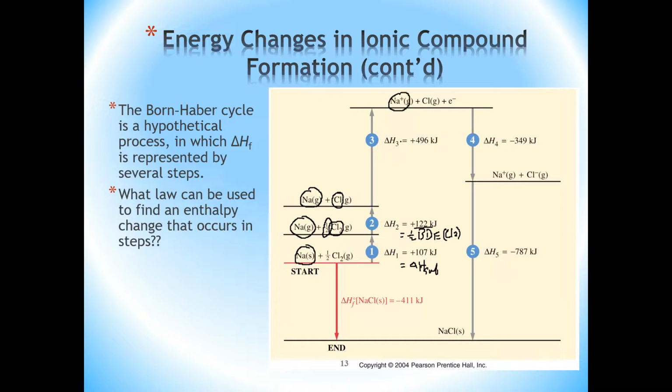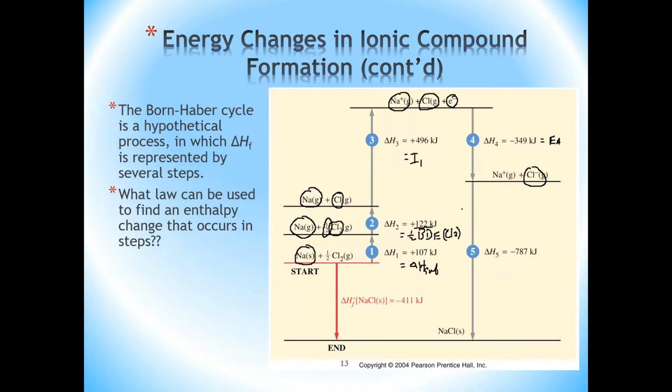In other words, we're talking about the first ionization energy for sodium, because in order for this to take place, an electron must be lost. And then the next step is where the chlorine gaseous atoms are converted to the chloride gaseous ions, and that would be the electron affinity for chlorine.